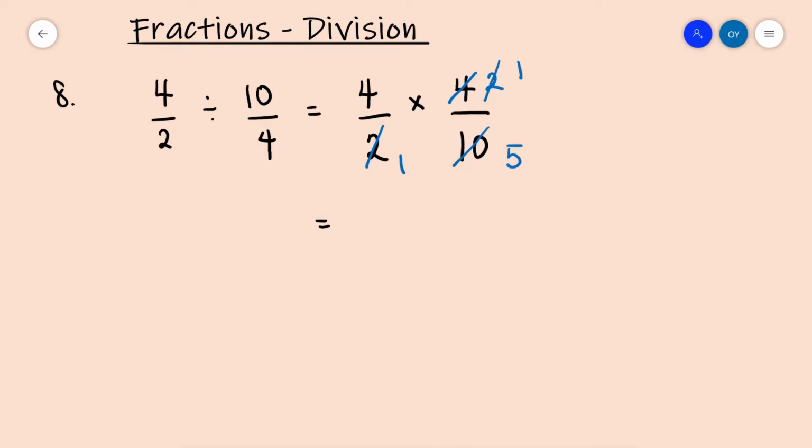So we have 4 over 1 multiplied by 1 over 5. And this is 4 over 5.